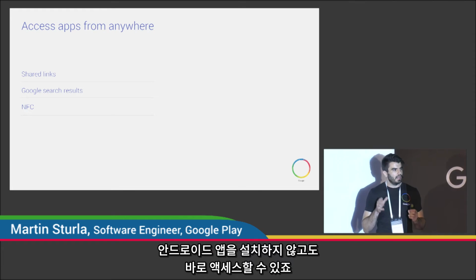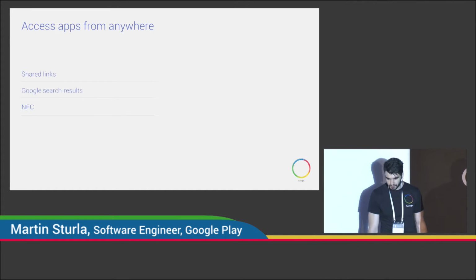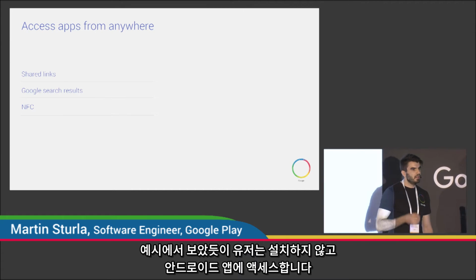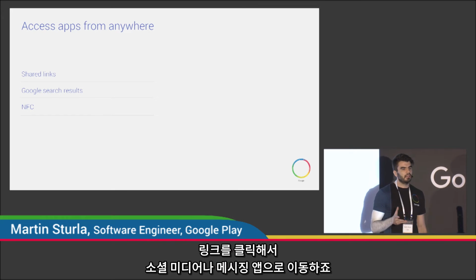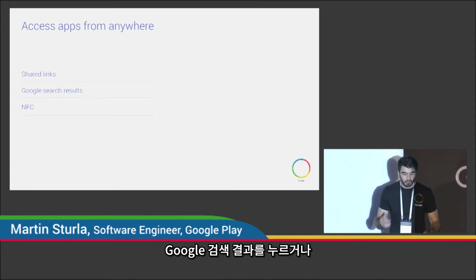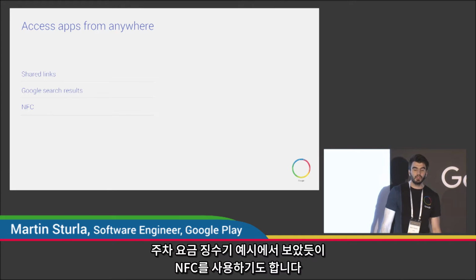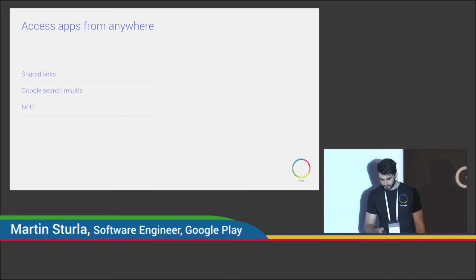They will be able to access Android apps instantly without installation. As shown in the examples, users can get an Android app without installing it by tapping on a link. They could have gotten it over social media or a messaging app, by tapping on a Google search result, or simply by using NFC, like in the parking meter example.